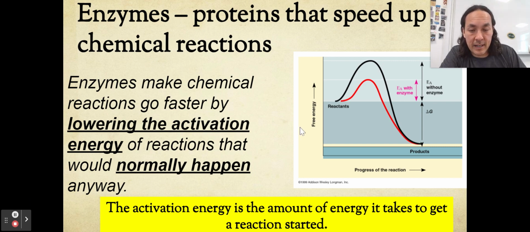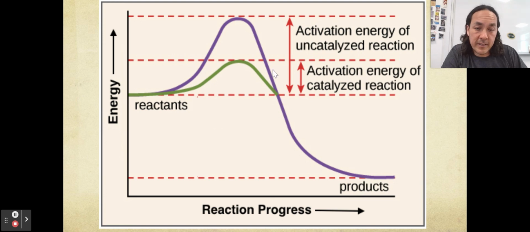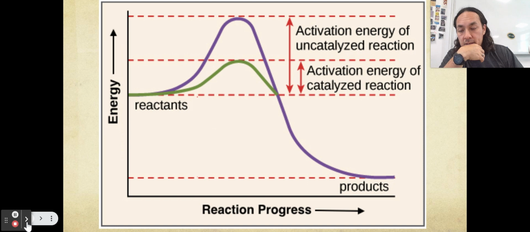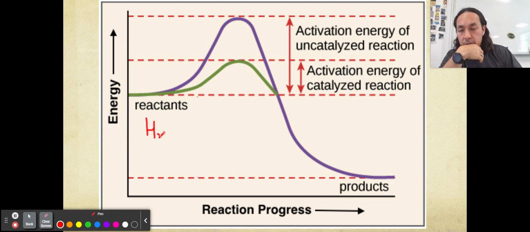Enzymes, let's look at this graph right here. They're going to help to lower the activation energy needed to rearrange those chemical bonds. So in this example, we need to put a little energy in to start rearranging chemical bonds. And maybe this is going to be H2O2.